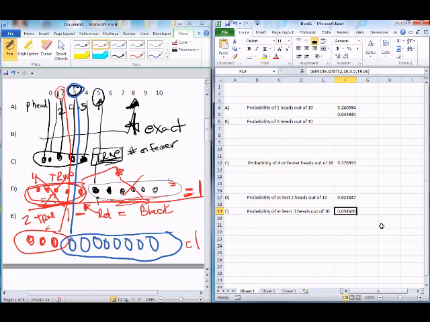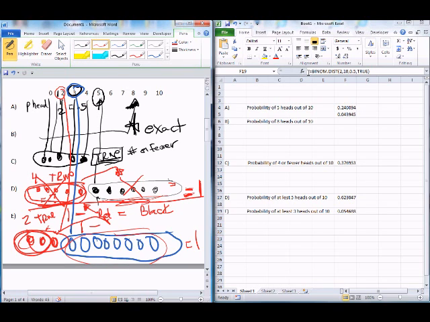The probability of 2 or fewer. But I want to calculate the probability of 3 or more. See, we calculated this red here. Now I'm going to take 1 minus the red, and it's going to equal the blue.